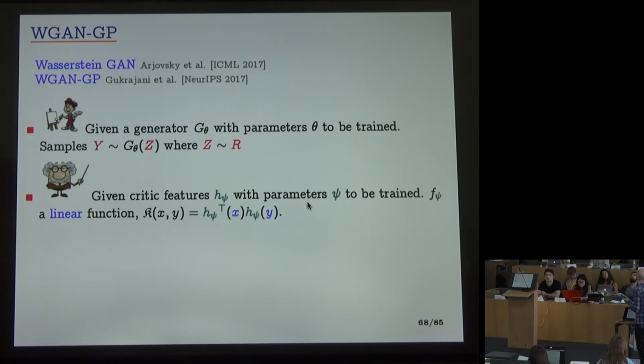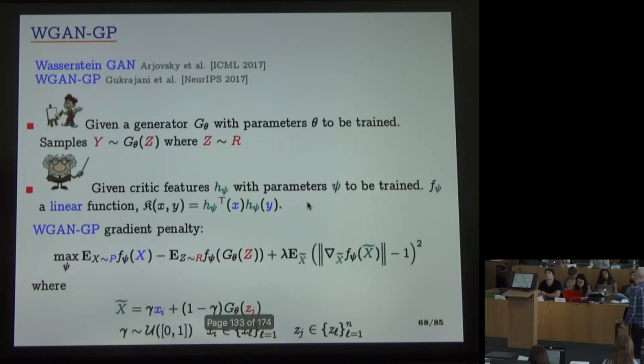My critic is just a witness, which is a linear function of my convolutional features. So it's like I'm using an MMD with a linear kernel. This is what I optimize: the expectation under P of f minus the expectation under the generator of f, plus this regularizer term. What is this term? It's just the gradient of my critic somewhere between a real and fake point.